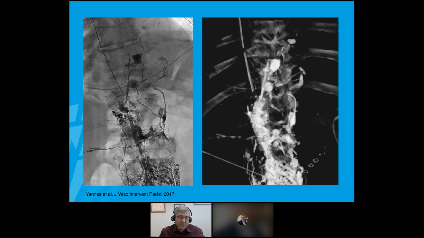What you then see here is all these abdominal lymphatics, and instead of draining the lymph into the thoracic duct, they are draining into small collateral lymphatics, and these small collateral lymphatics can also be injured by surgery. And here you can see several collaterals which were damaged by the surgery, and they were responsible for the chylothorax.